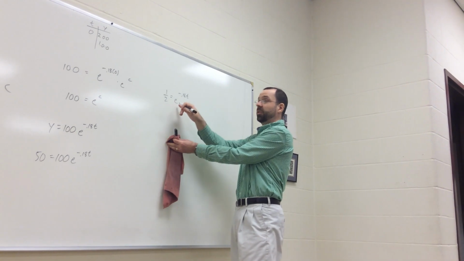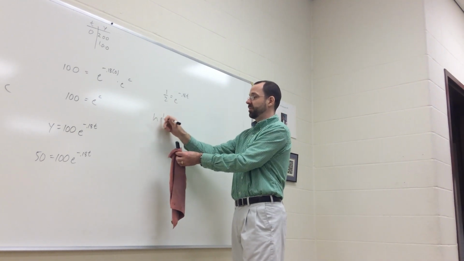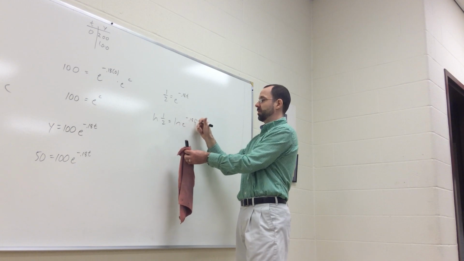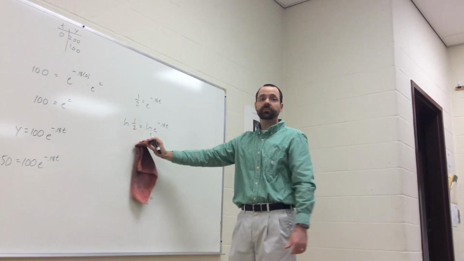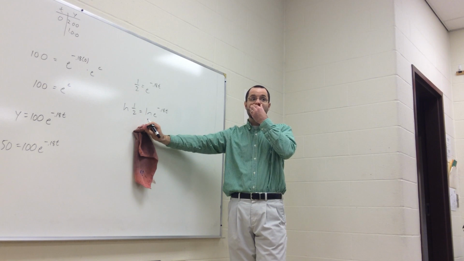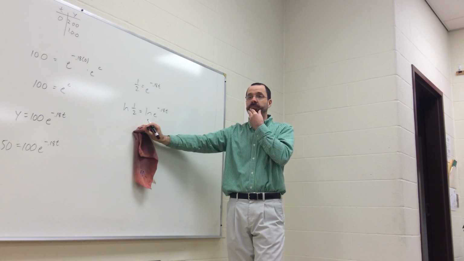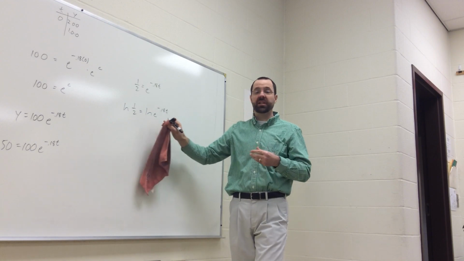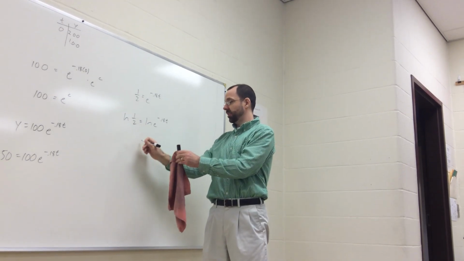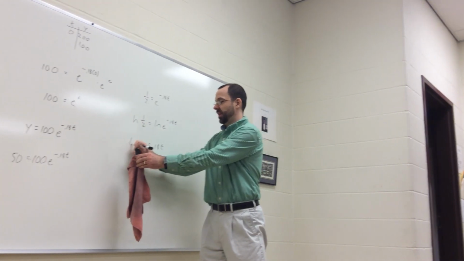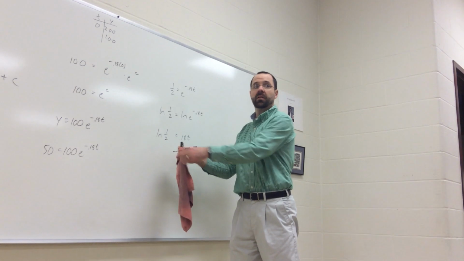All right, so now to get rid of this e, I'm going to natural log both sides. So then that'll cross out this e. So it's going to be negative 0.18t equals the natural log of a half.